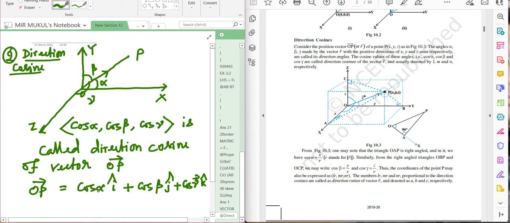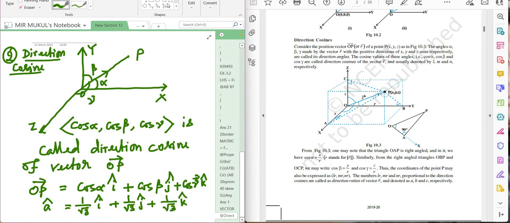That means if you know any unit vector, then we can say its direction cosine. Like if I consider a vector 1 by root 3 i plus 1 by root 3 j plus 1 by root 3 k.